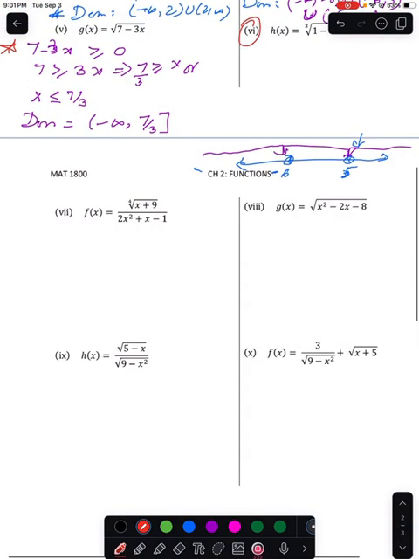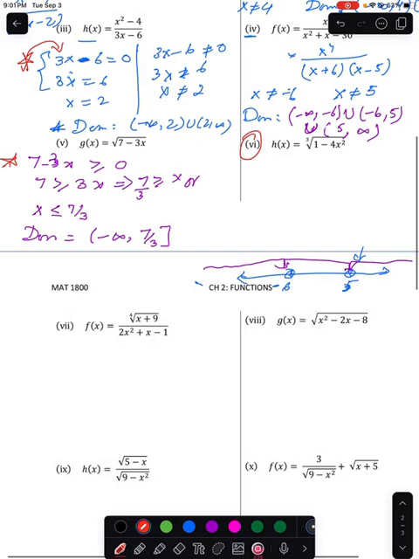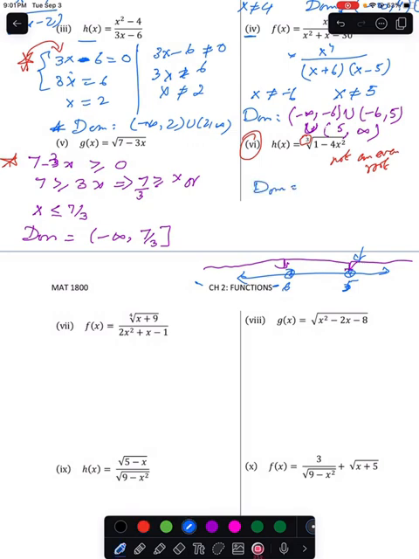We know that this is a cube root, which is not an even root. If it's not an even root, then the domain is all real numbers. Remember, writing all real numbers is not enough. You must give the answer in interval notation.